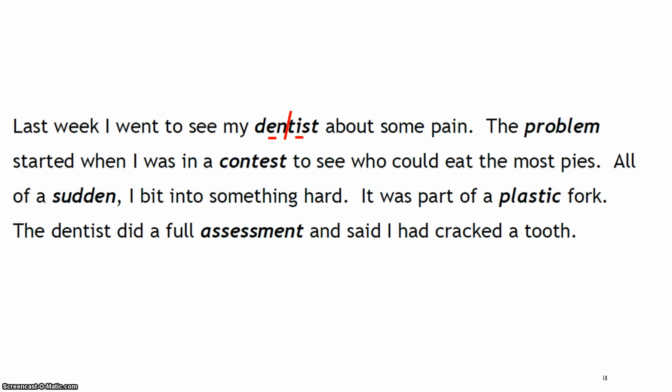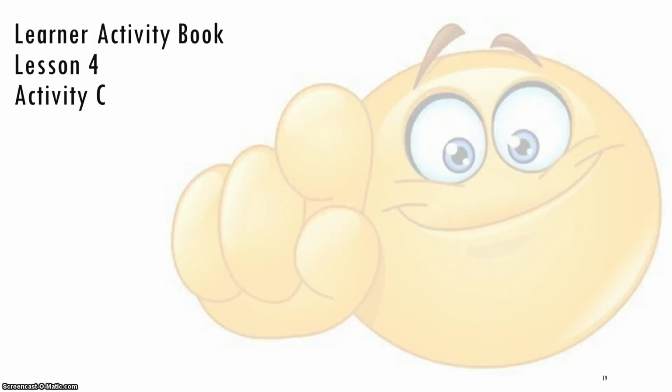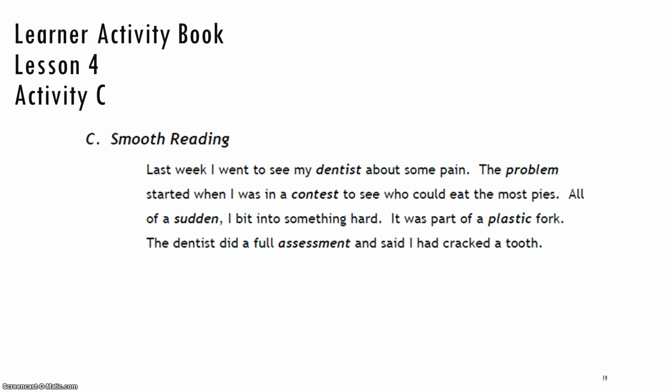Okay, so I did the first one. I would like for you to turn in your learner activity book to lesson 4, activity C, and you're going to find the same reading.